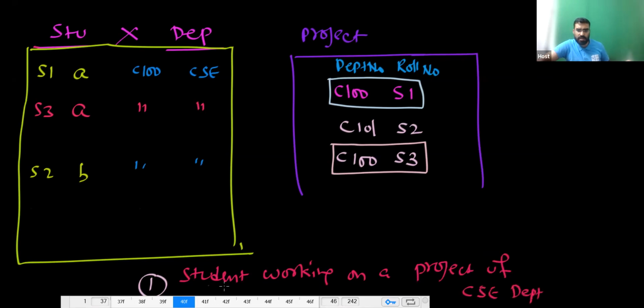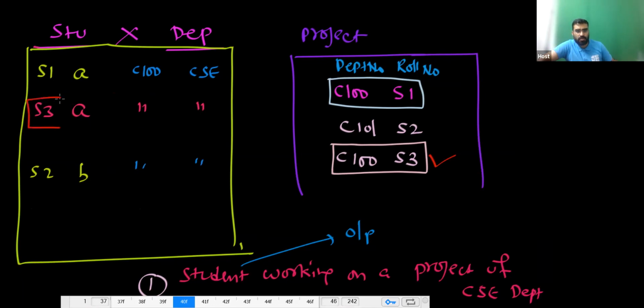If there is a student who is already working on a project of the CSE department, that will come in the output, right? Correct? Okay, he will definitely come in the output because there will be an entry here, and there is already an entry here.